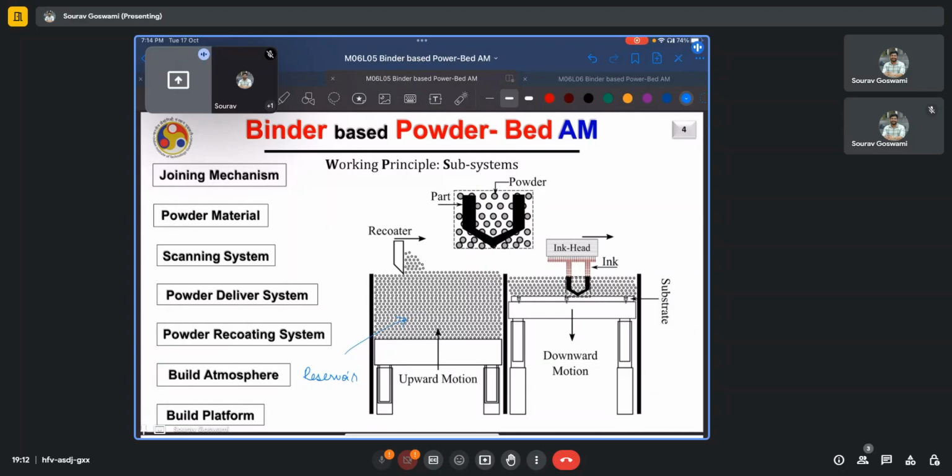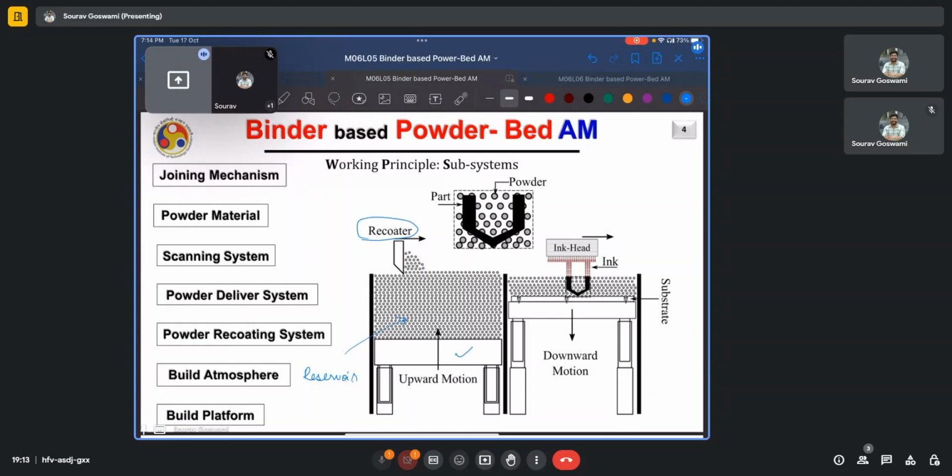The schematic here shows a bottom feeder where there will be an upward movement of this stage right here, which pushes a predefined layer of powder up for the recoater, which again may be a blade, also called a doctor's blade, or in the form of a roller, or it can also be in the form of a simple slot feeder, which then transfers this pre-decided height of powder or the fixed volume of powder onto the printing area.